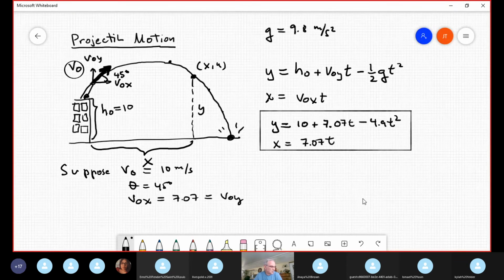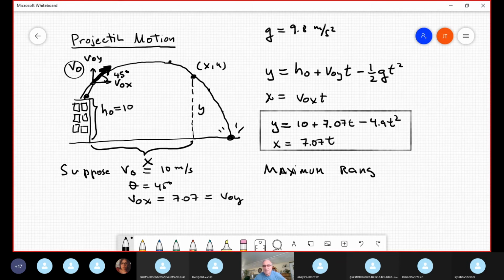So what is the question? Well, there are some questions. For example, the first question is to determine the maximum range. What is that?